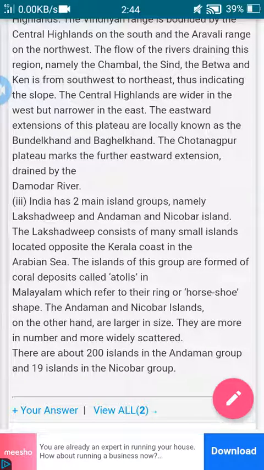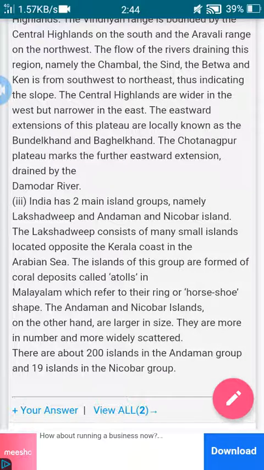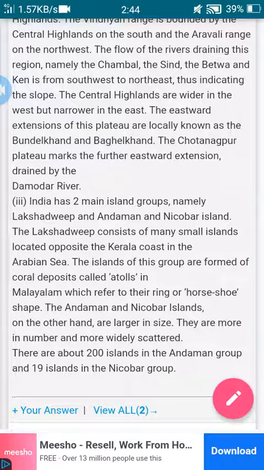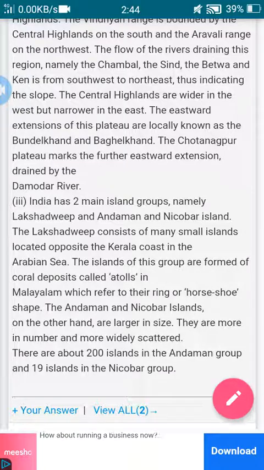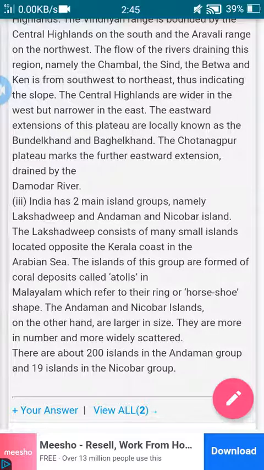Third point, India has two main island groups, namely Lakshadweep and Andaman and Nicobar Islands. The Lakshadweep consists of many small islands located opposite the Kerala coast in the Arabian Sea.